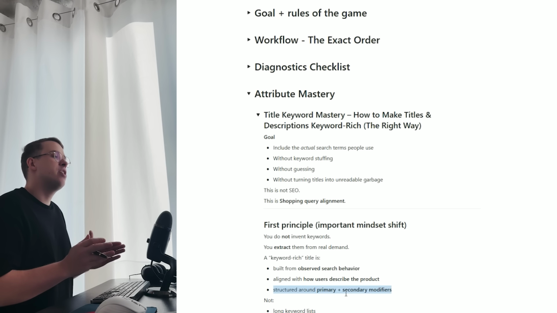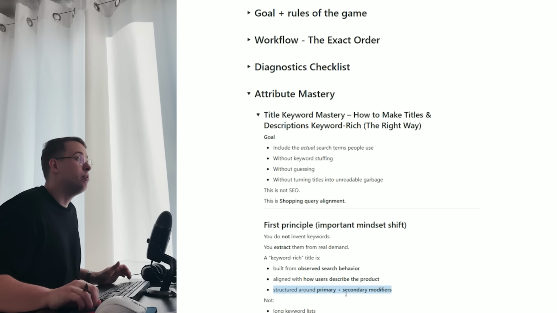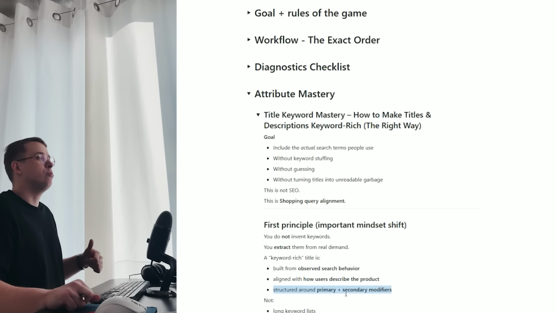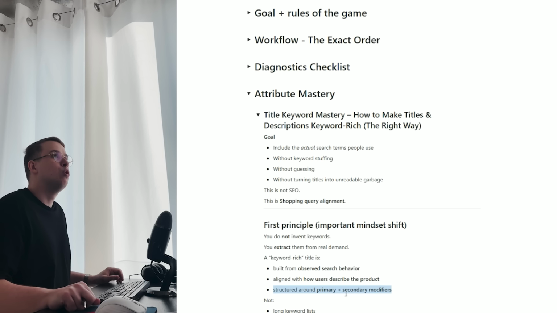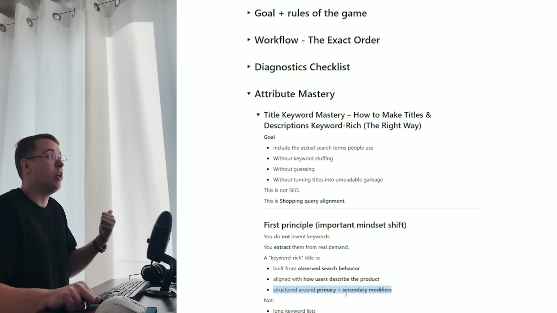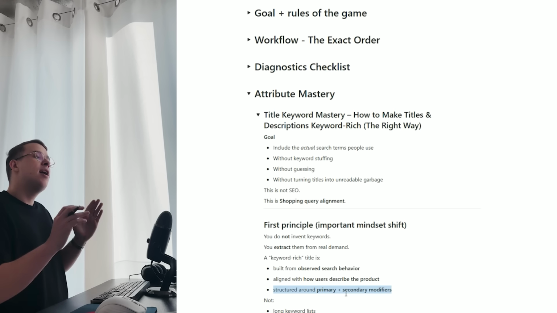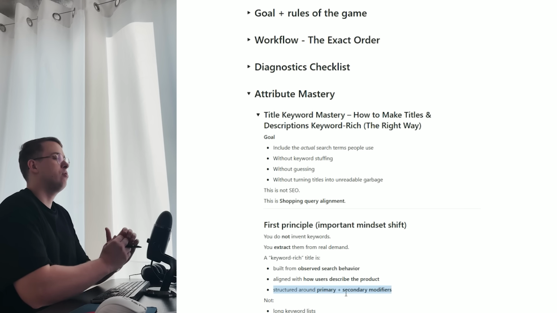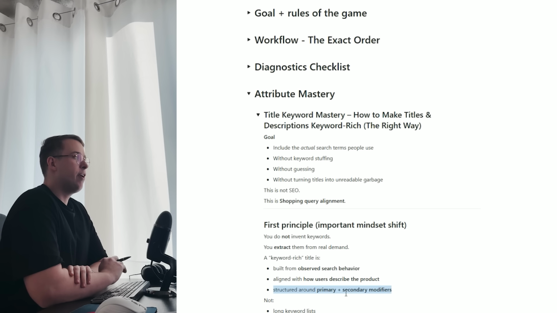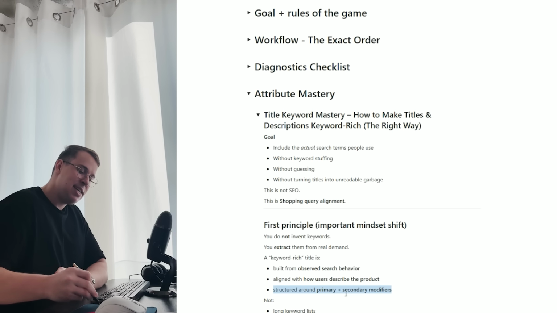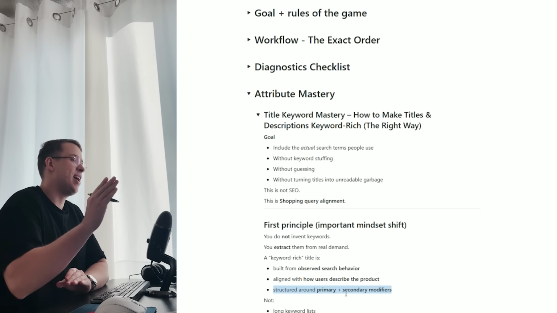And then you have secondary modifiers, which could be gender. So we have running shoes for men, running shoes for women. Could be the weight, quite common for running shoes as well, right? You have lightweight running shoes, for example. Then you can combine it, like lightweight running shoes for men, right? And you can see already where we go with it. So the primary modifier, or the primary root keyword, is the main keyword, right? What is it actually about?